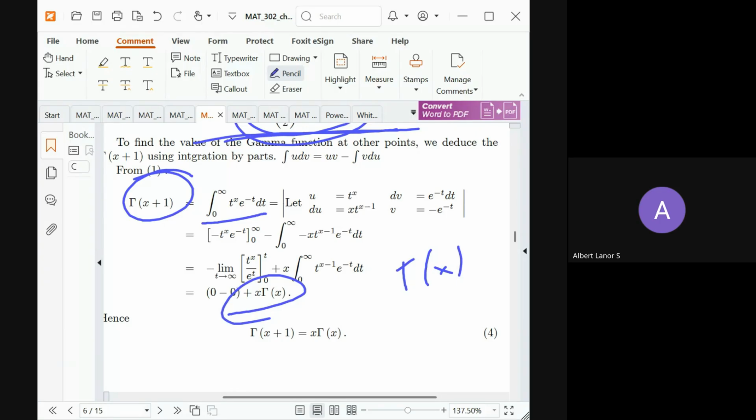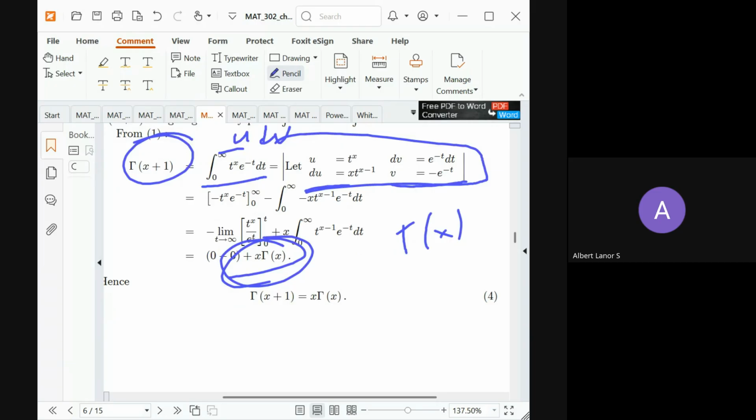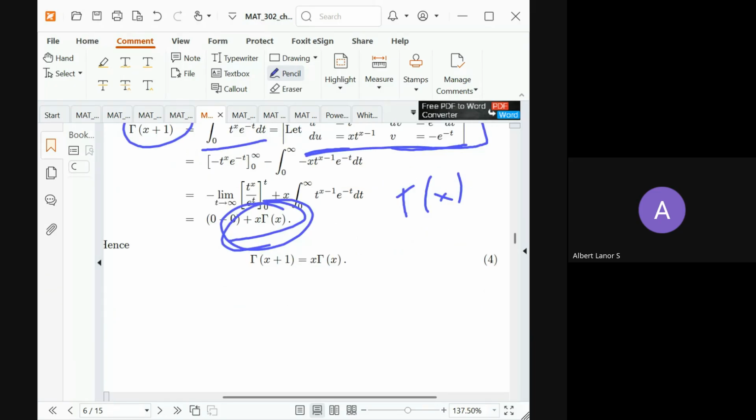So in integration by parts, you keep one of them to be u, the other one to be dv. Then you differentiate the u and you integrate the dv and substitute it, so that when you simplify, you have x gamma of x. Now, so 3 things you need to know: that gamma of 1 is 1.